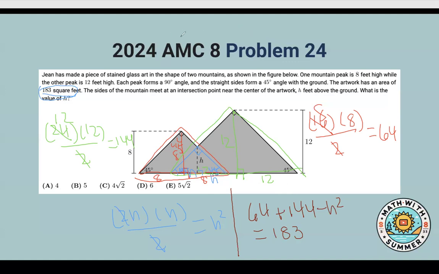Now let's simplify to find h squared. I'm going to bring my equation up here since I don't have much more space. 64 plus 144 is 208, minus h squared equals 183. Let's subtract 183 from both sides and add h squared to both sides.